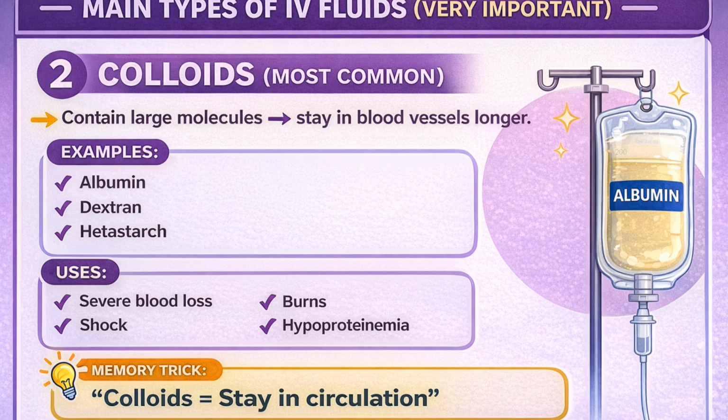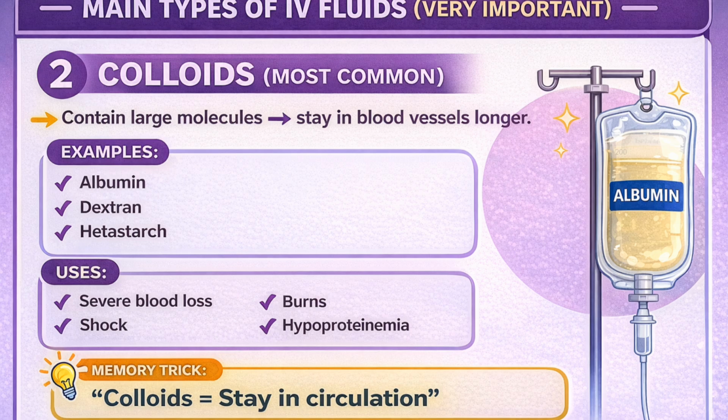Coming back to hypoproteinemia, where there is protein loss in the blood, it might be due to loss of protein in the urine also. Hypoproteinemia is seen mostly in CKD patients, that is chronic kidney disease, or nephrotic syndrome cases.